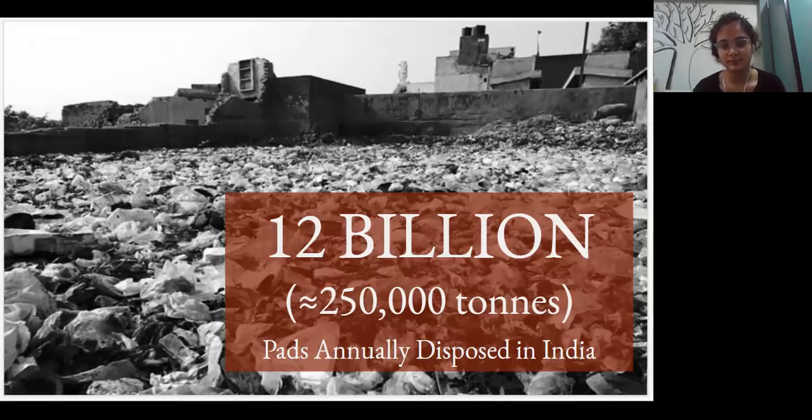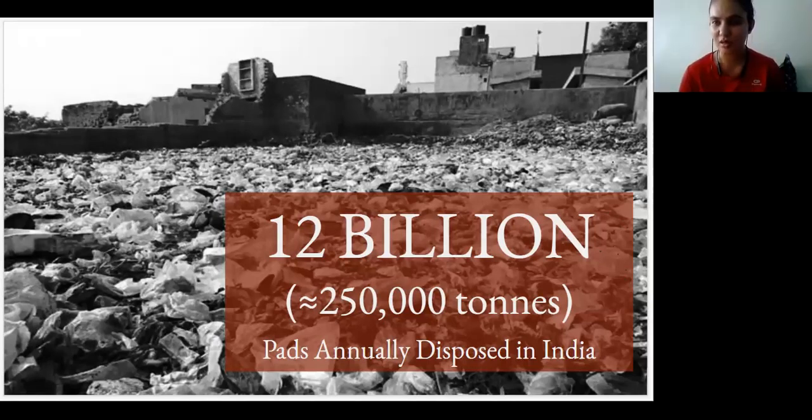Yeah, so as we said, approximately a person in a lifetime uses like 10,000 sanitary napkins. If we consider the menstruating population, as it's written here, 12 billion sanitary napkins are thrown off annually. These just go to the landfill and they are just piling up.